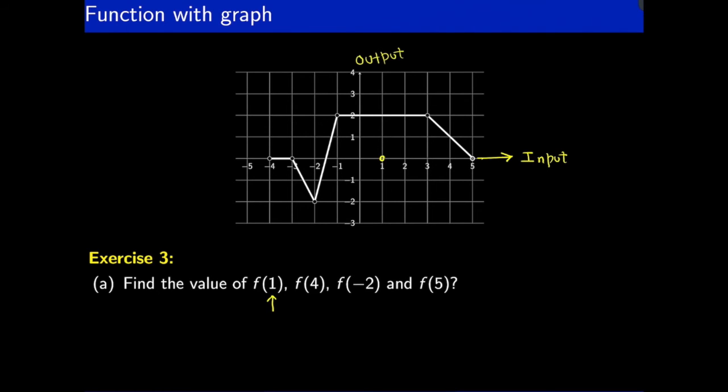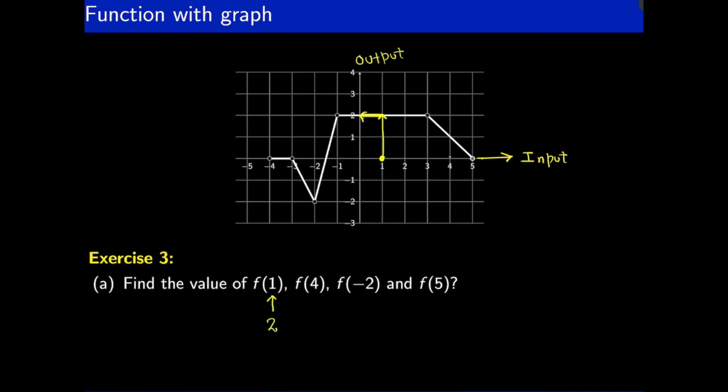So this is the input 1. To calculate, first we will go straight up to wherever we see the graph of the function, and from there we will go to the left or right. We will walk horizontally. So first we walk vertically to the graph of the function, and then we walk horizontally. And as you can see, this is a 2. So the value of the function is 2.